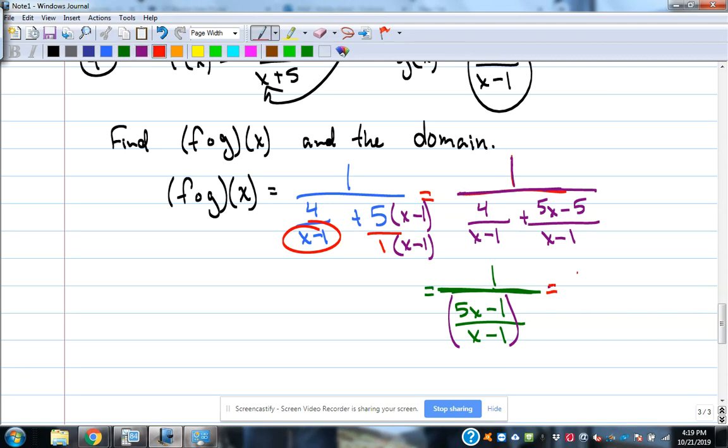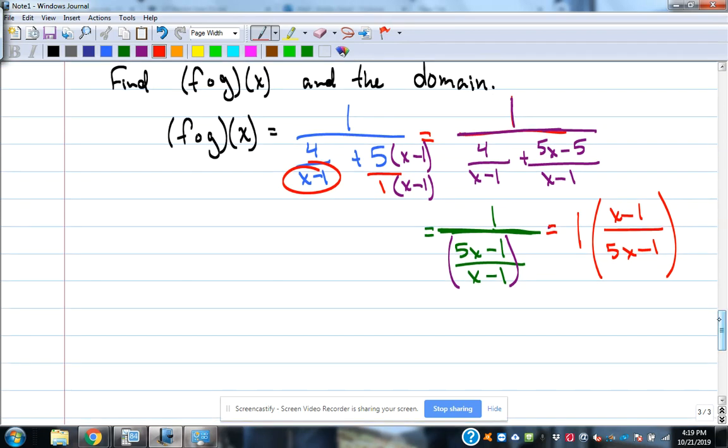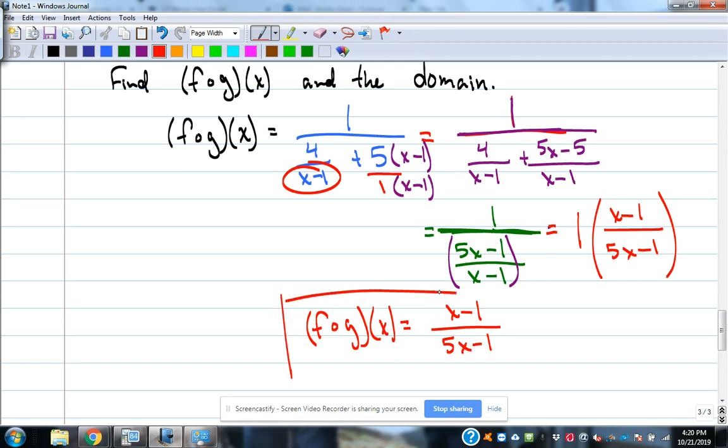Yeah, so we really have 1 times x minus 1 over 5x minus 1. And 1 times that fraction is just going to be that fraction. F composed of g of x equals x minus 1 over 5x minus 1. All of that work, and that's what we end up with.